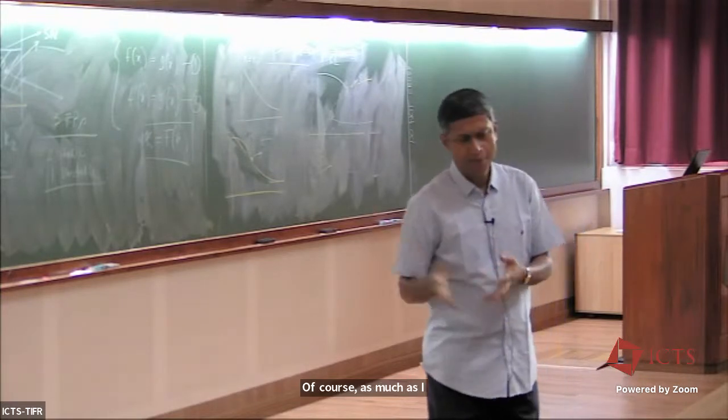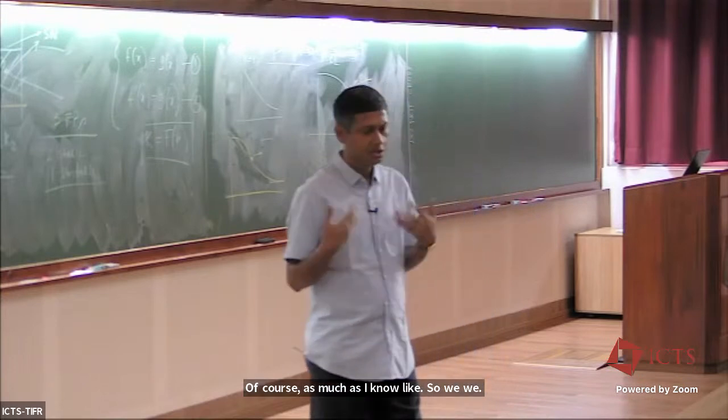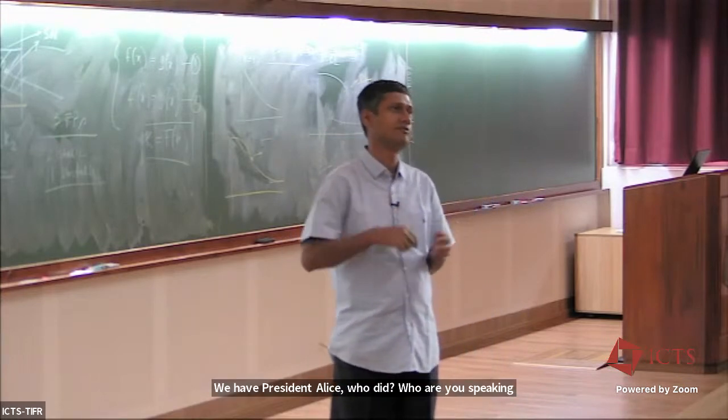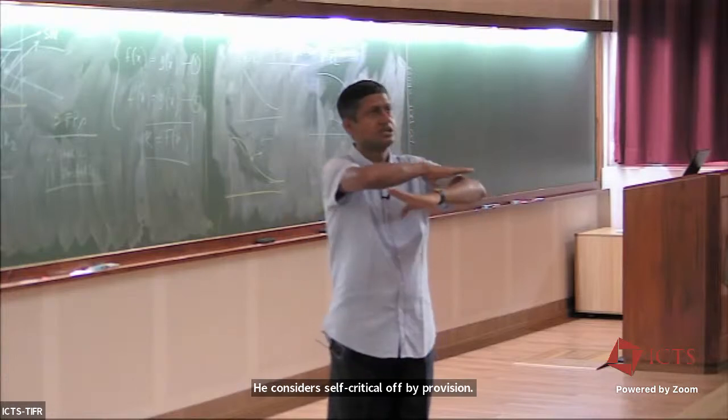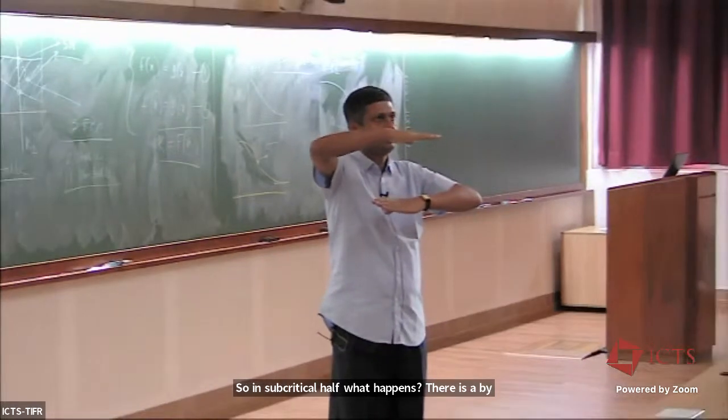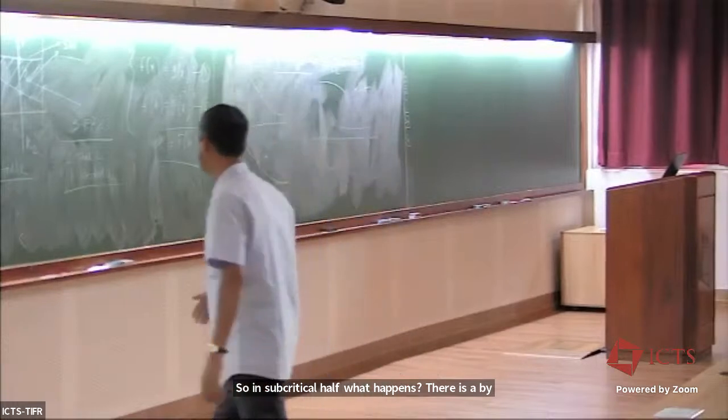We have Professor Sujit, who will be speaking here. He considers subcritical Hopf bifurcation. So in subcritical Hopf, what happens? There is a bistability between a steady state and an oscillatory state. Okay, so the diagram will look like this.